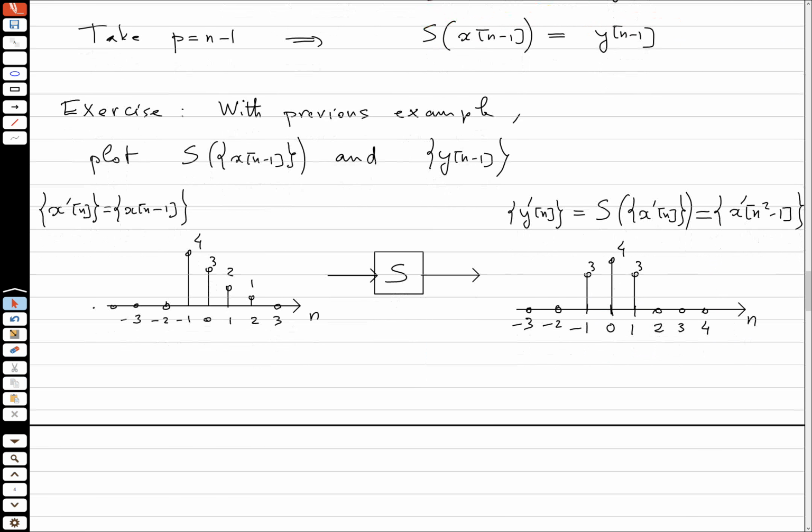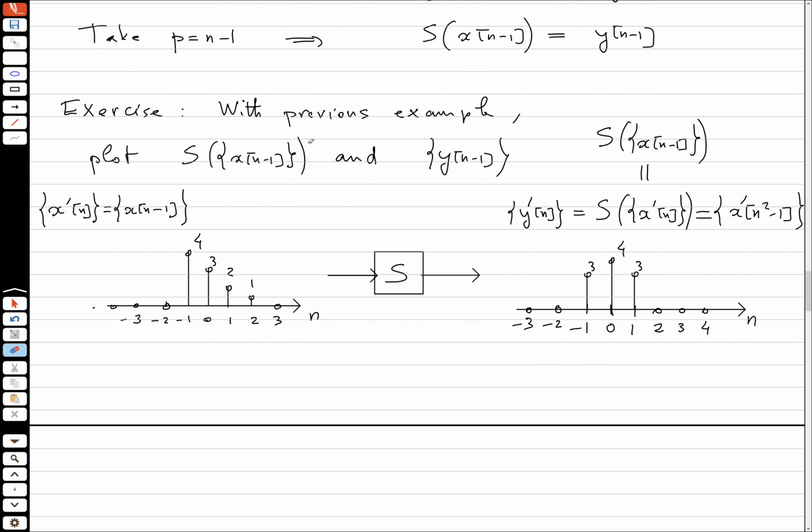Meanwhile, what is y of n minus 1? This is S of x of n minus 1, right? You agree? This is x of n minus 1, and this is S of x of n minus 1, right?